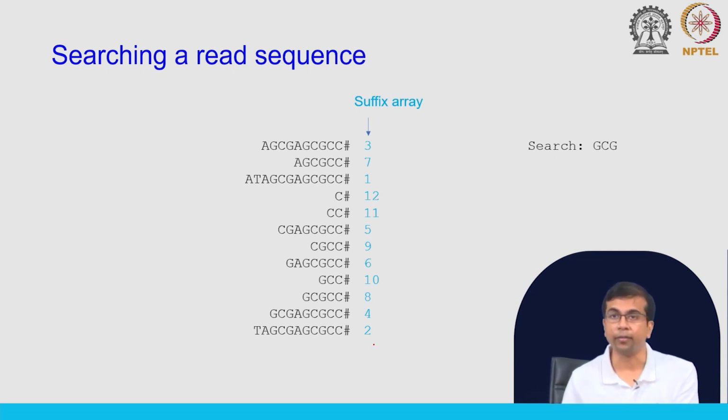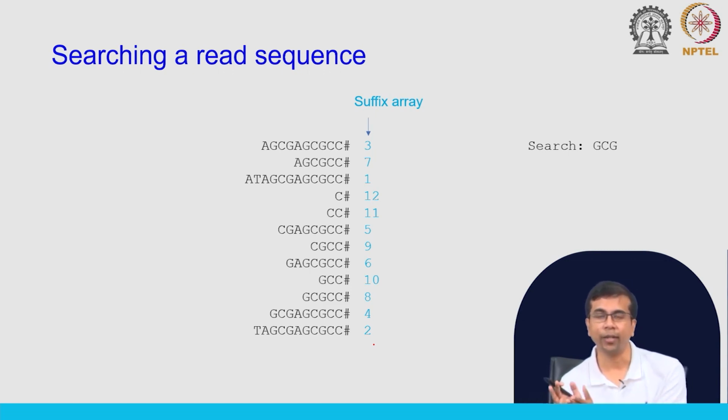What happens is that we can use some sort of search algorithm, something called a binary search. You can break down these arrays into two parts and then see whether this GCG part will be in this part or the other part. And if you see the other part, you then again break it down into two sets and search through that.